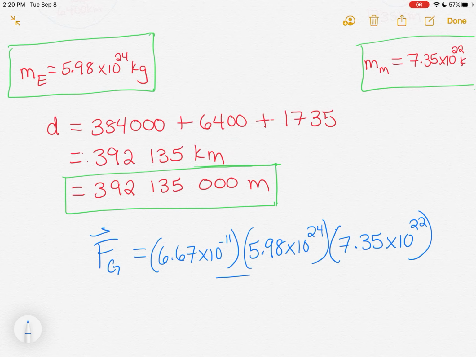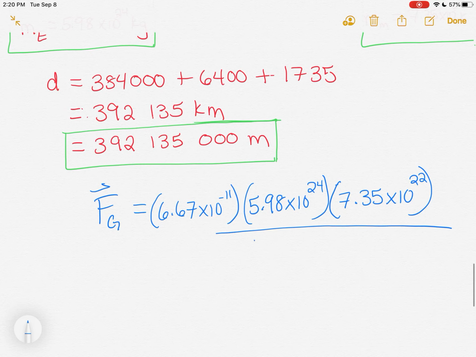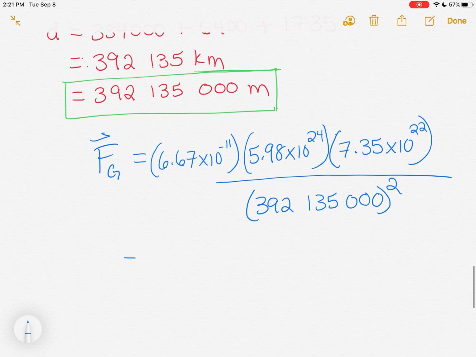Both our masses are in kilograms. Our distance on the bottom, 392,135,000, needs to be squared. Again, you want to make sure masses are in kilograms and distances are in meters. And then we're just going to plug that into our calculator.